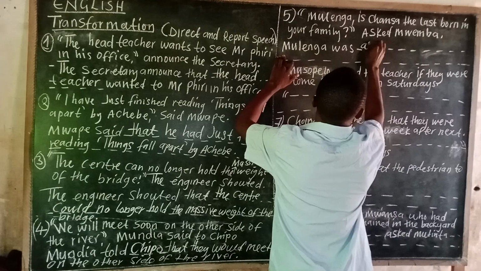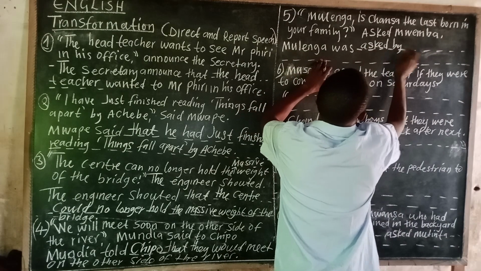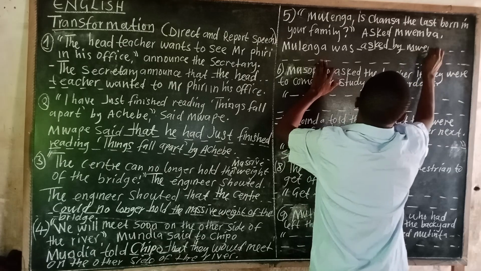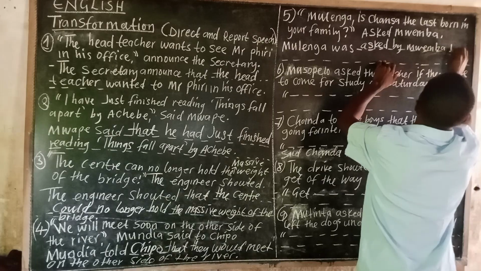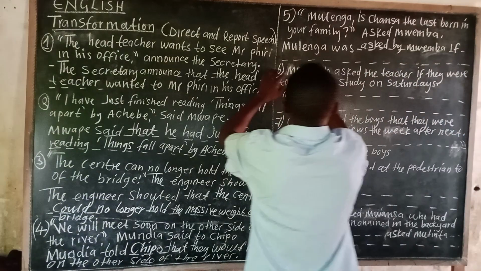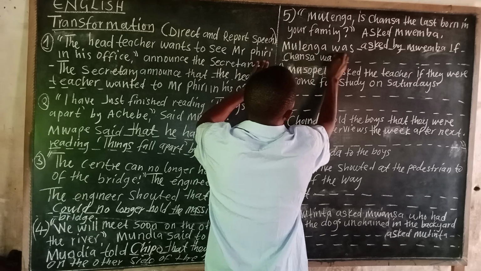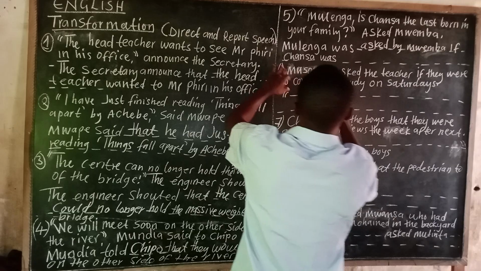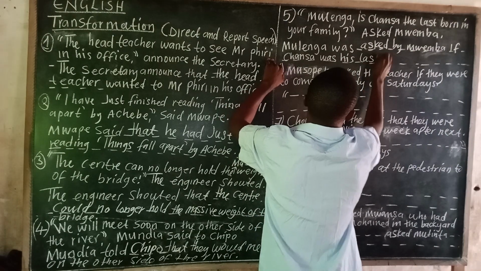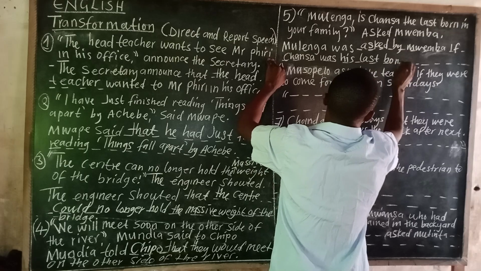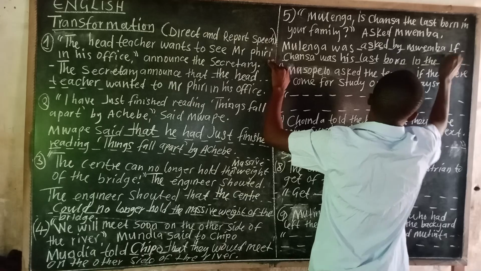Was asked by Mwemba if Chansa was his last born in the family.